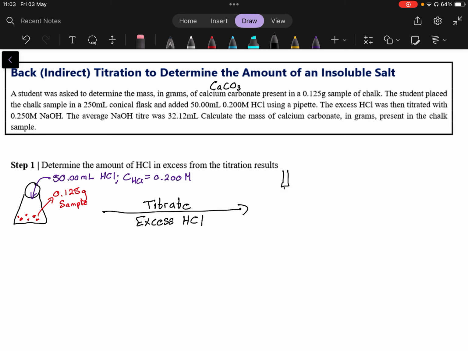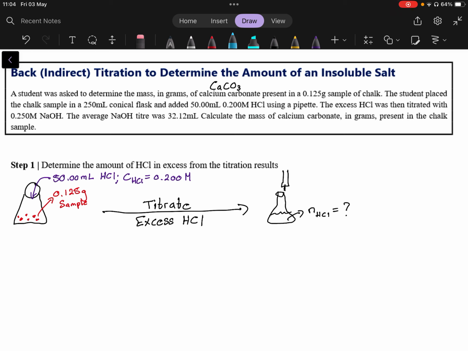So we have a little burette, and let's see if I can draw a better conical flask. Yeah, that's much better. It now has some solution that contains an unknown amount of HCl, because it's an excess. There's a lot of other stuff. The CO2 has evaporated. There's water. There's calcium chloride, but that's all in solution.